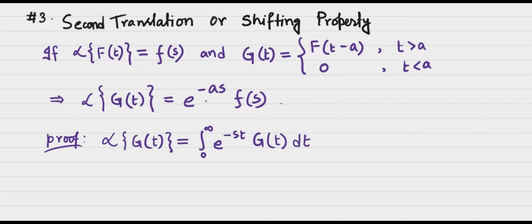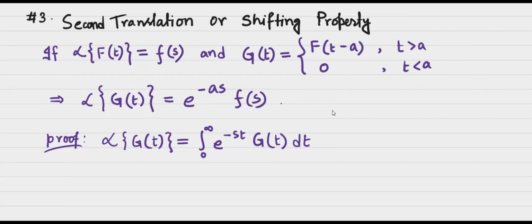So as a proof, we have this definition. So the Laplace transformation of g of t is equal to the integration from 0 to infinity e to the power negative st, and then g of t dt. That's all fine, that's by definition, there is nothing new. But if we do look at the definition of g of t, we notice that when t is smaller than a, then the function g of t is 0.